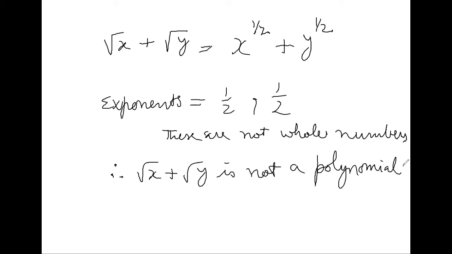Now let us come to the next part. Let us take a polynomial: 7x cube minus 5x square plus 2x minus 8.